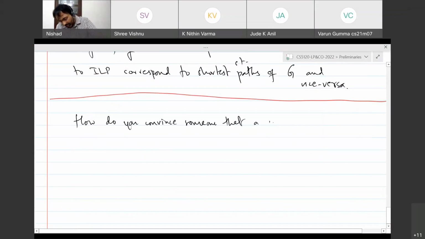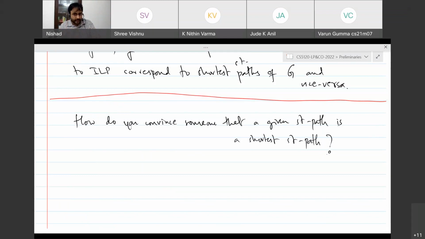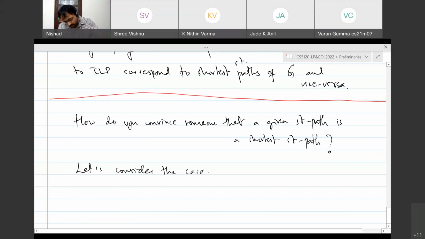That a given ST path is a shortest ST path. Okay. So we can look at the cost version or we can look at the cardinality version. You will be answering the cost version on your assignment. So for now, I just want to focus on the cardinality version. Okay. Let's consider the cardinality case.